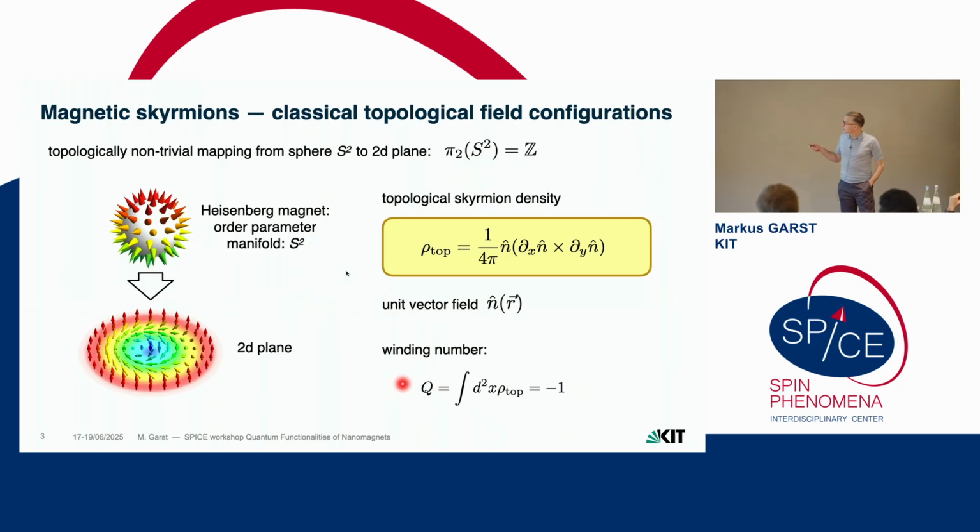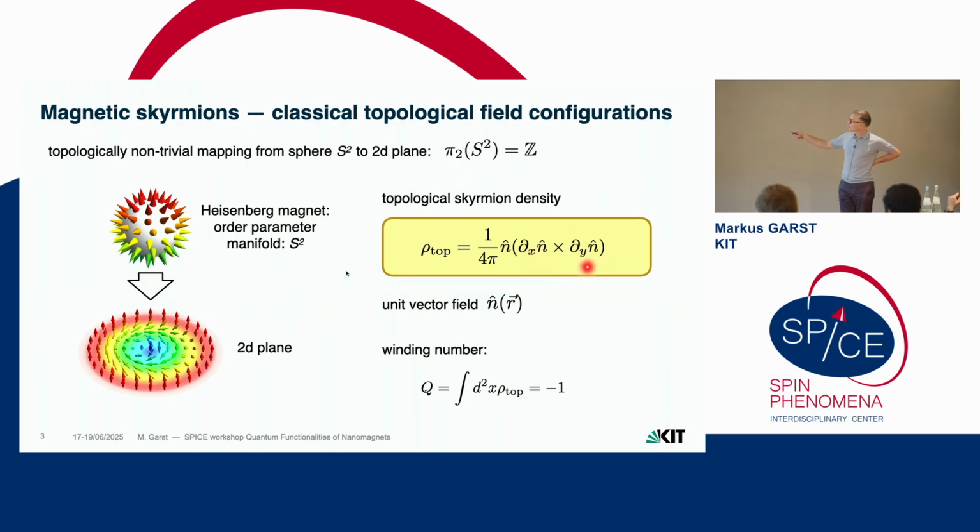So how can one calculate this winding number? There is an expression. I have to do a two-dimensional integral over space over something that I will call in the following the topological skyrmion density, which is nothing but the solid angle spanned by neighboring spins that are adjacent.